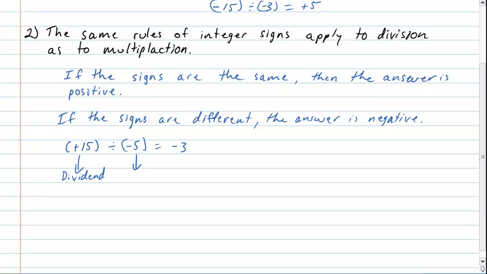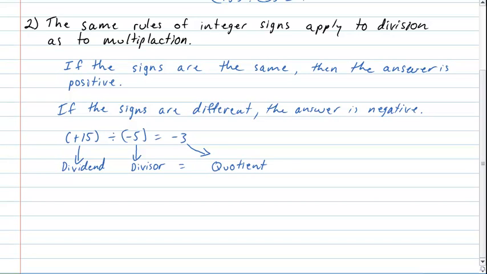The second part of the question is called the divisor. So you're trying to see how many times this divisor goes into the dividend. And this answer is called the quotient. It's always important to just understand what the parts of a division question are.